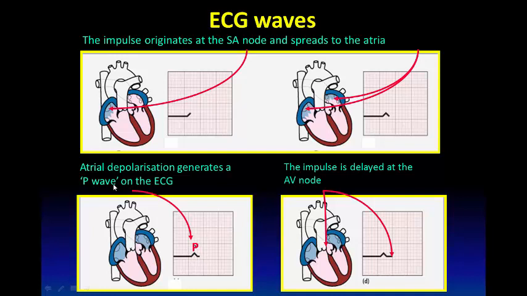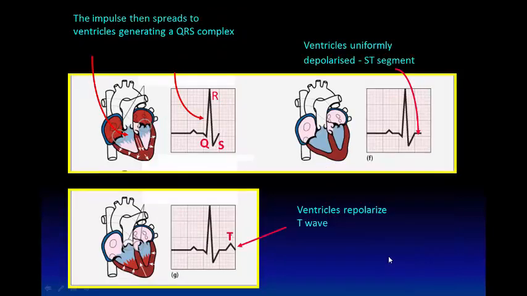Then the impulse reaches the AV node and is delayed in the AV node, and when the impulse is delayed in the AV node, the needle of the ECG machine remains at the isoelectric line. Then the impulse spreads to the ventricles through the AV bundle of His and bundle branches, the right bundle branch and the left bundle branch, to depolarize the ventricles.